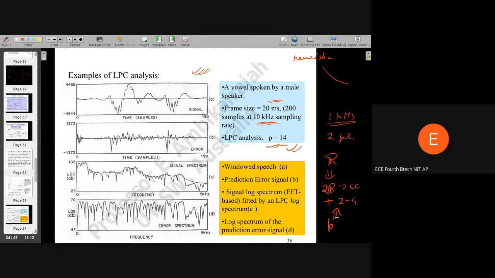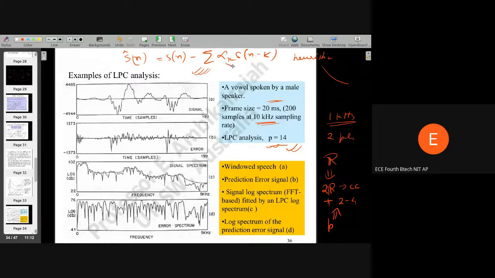So through the Levinson-Durbin algorithm we got our coefficients. We have s hat n, which is the sum of alpha k s of n minus k.